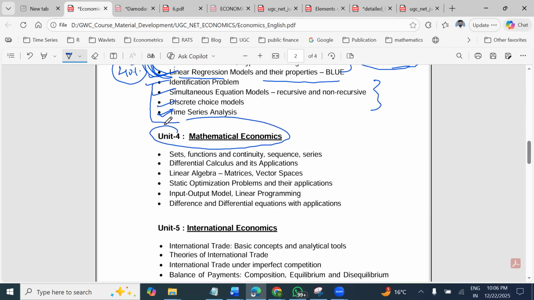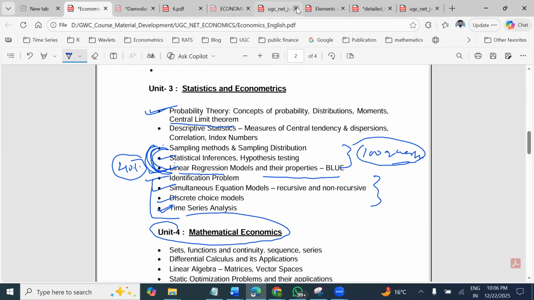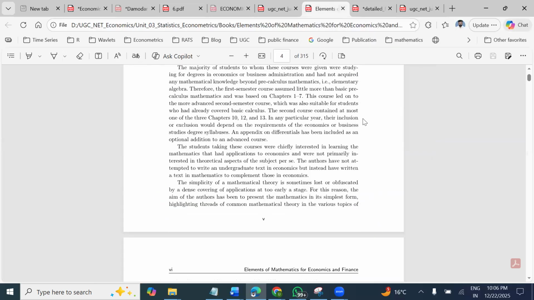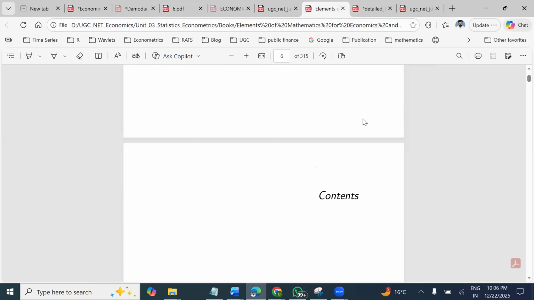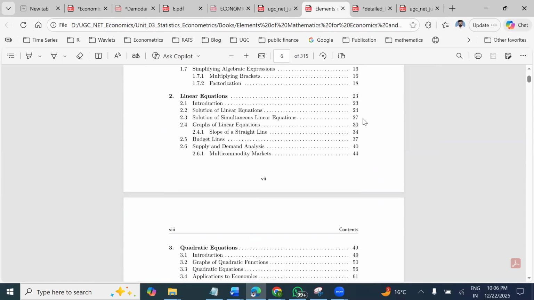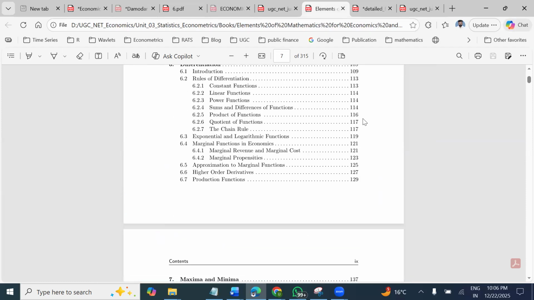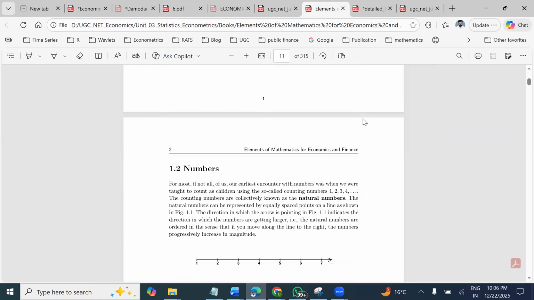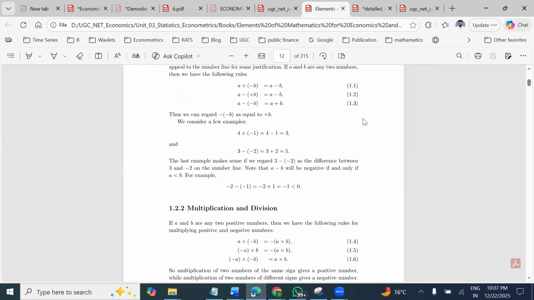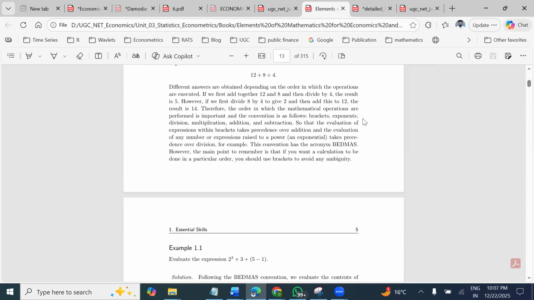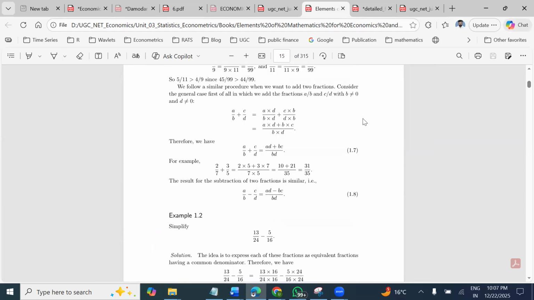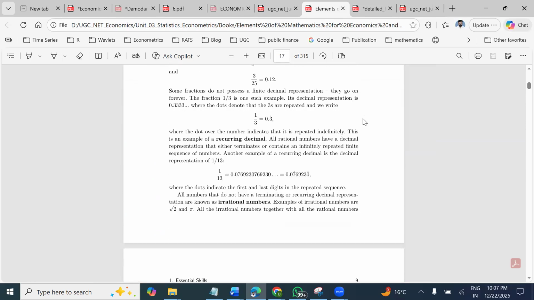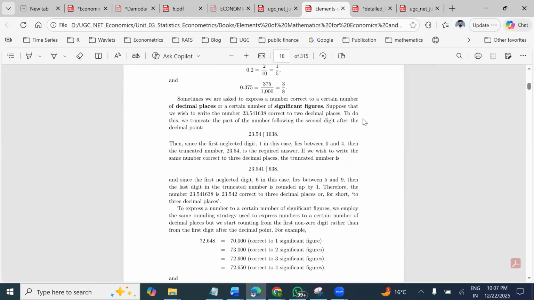Whenever, after the exam or even right now, I will tell you a few sections you have to quickly see if you are able to understand or not. After your exam is over, you all have to solve one chapter every day, because mathematical skill is very important. Whether you are weak or strong, it doesn't matter.